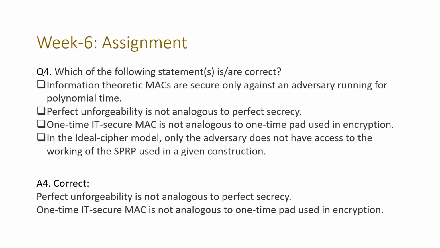Okay, so in the ideal cipher model, any block cipher, here some strong pseudo-random permutation viewed as a block cipher, the internal details of the construction are not given to any entity taking part in the particular cryptographic primitive.